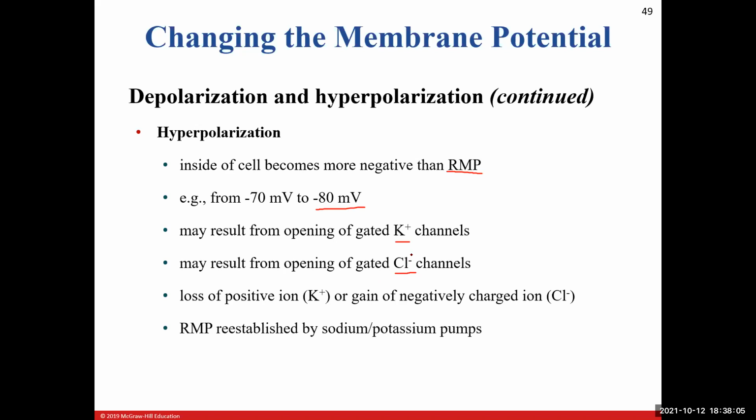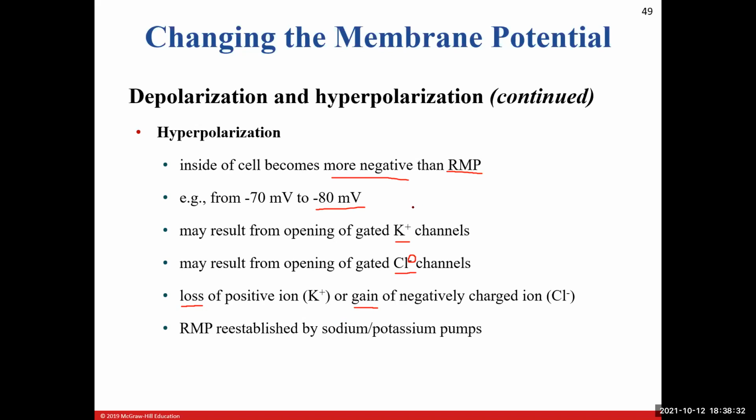Well, guess what? When it rushes into the cell, it brings its negative charge with it. It makes the inside of the cell more negative. So that's what we're seeing. When we're talking about hyperpolarization, we can see it as a loss of the potassium ion leaving the inside of the cell, or we could see it as a gain of that negatively charged chloride ion.